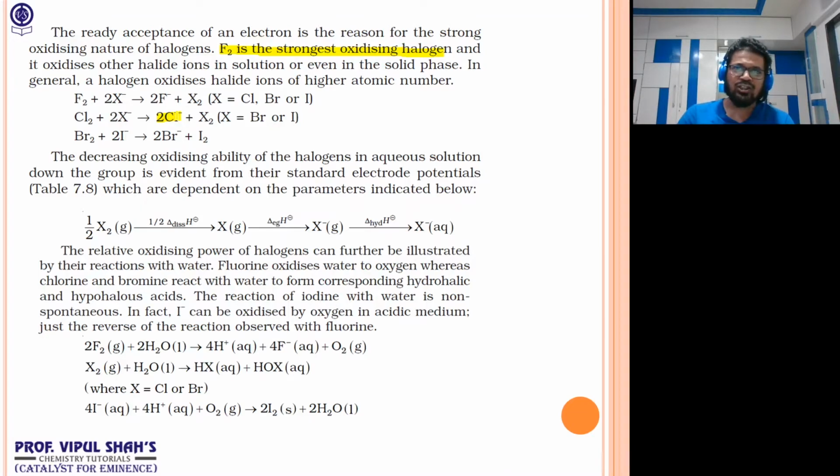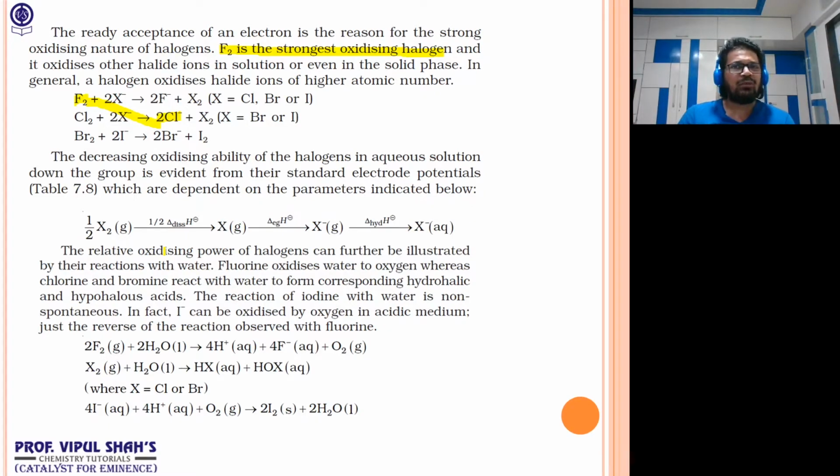That means the backward reaction will take place, so chloride will become chlorine. And above, the one having more SRP in its reduction half reaction, see on the slide, the species in the reduction half on the left, that is fluorine, will readily get reduced. So that's the diagonal rule I was talking about. Fluorine and chloride: chloride gets oxidized to chlorine, fluorine gets reduced to fluoride.